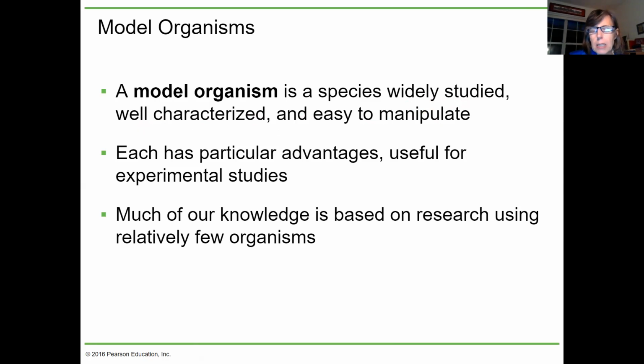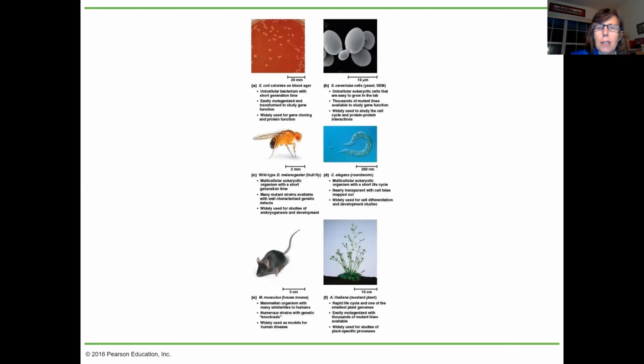We have about 10 that are common. These are 6. You've got bacteria, E. coli, yeast, fruit flies, roundworms, mice, and this is a mustard plant, Arabidopsis. I don't know if I said that right. Each one offers something unique as far as understanding a cellular or biological process better.